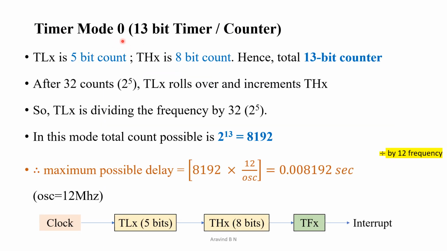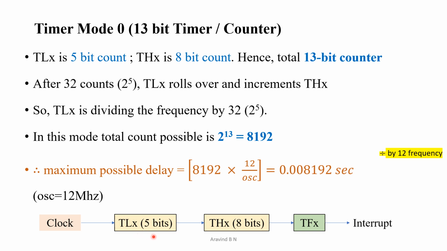Now this is timer mode 0, where the timers act like a 13-bit timer or counter. Remember, this is applicable both for timer 0 as well as for timer 1. Let us first understand this block diagram. The clock is given to TLX, the lower bits of the timer, only 5 bits.